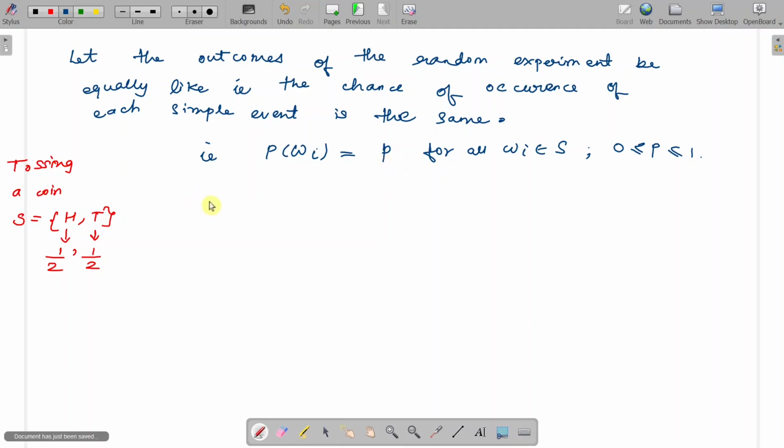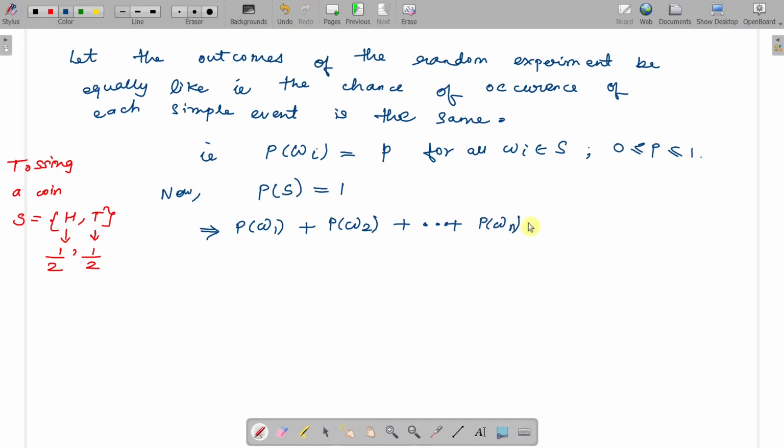Now we know that the probability of a sample space is 1, right? So this implies probability of omega 1 plus probability of omega 2 plus up to probability of omega n is equal to 1.